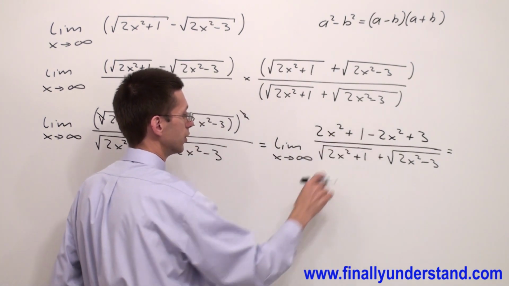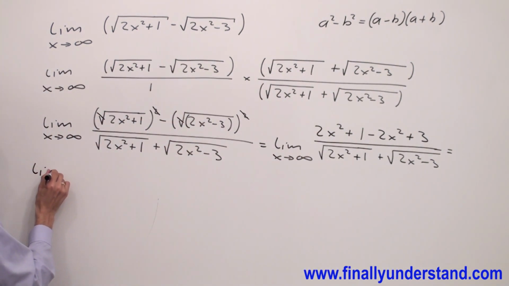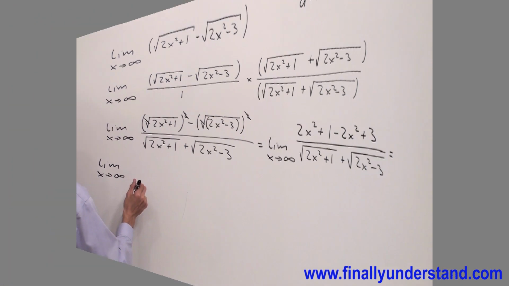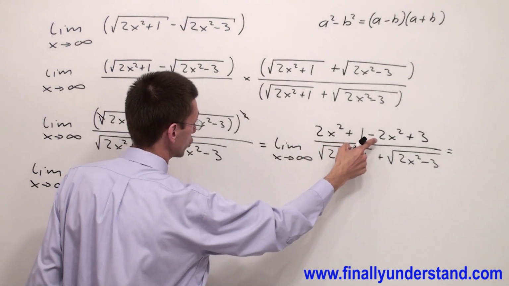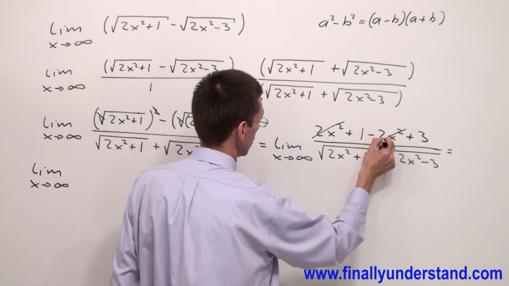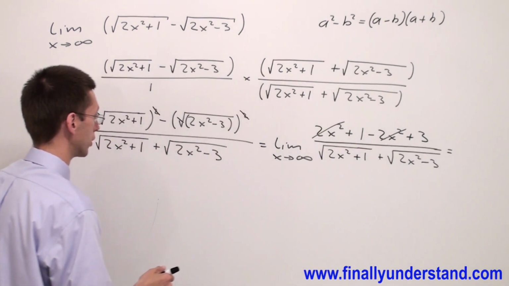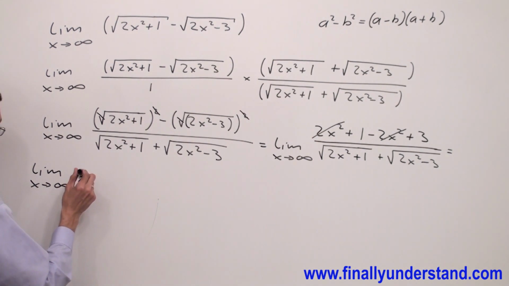Organize the numerator, and we are going to have the limit with x going to infinity, and we have 2x squared minus 2x squared that are going to subtract each other, and I have 1 plus 3 is equal to 4.